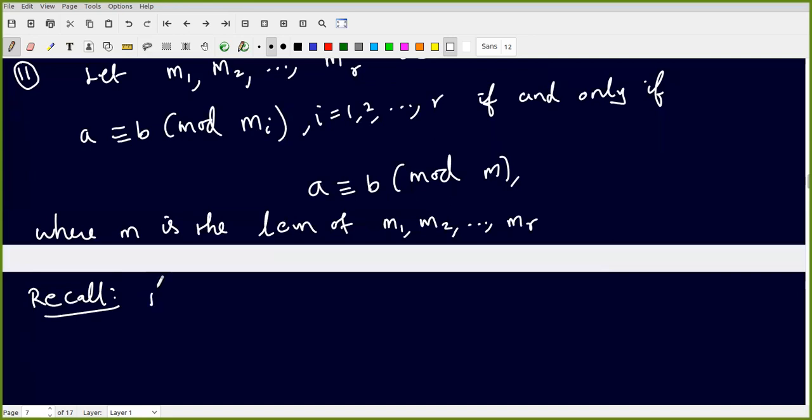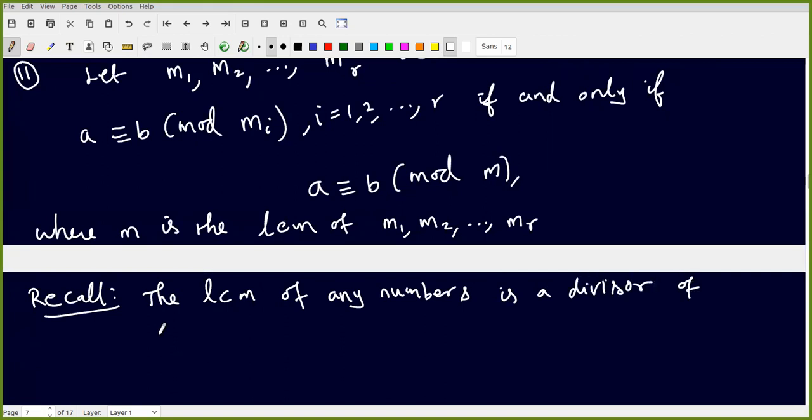The least common multiple of any numbers is a divisor of all common multiples of those numbers.